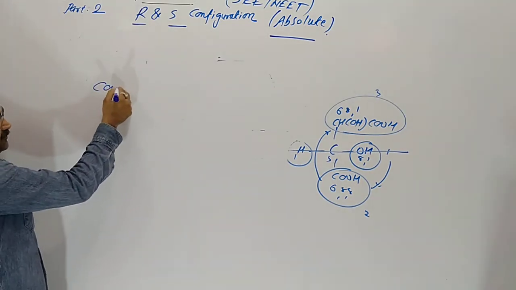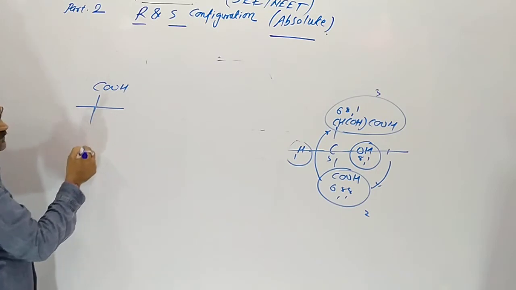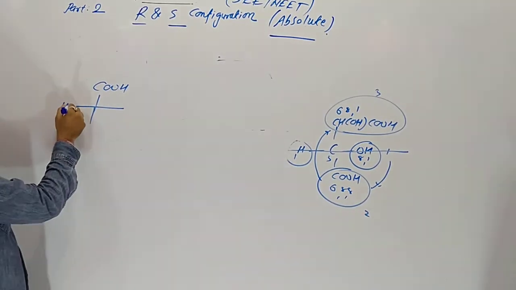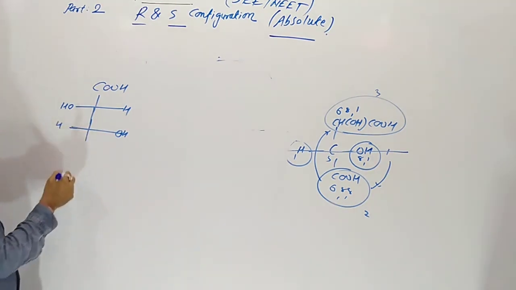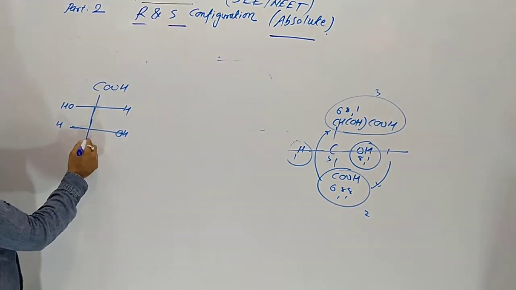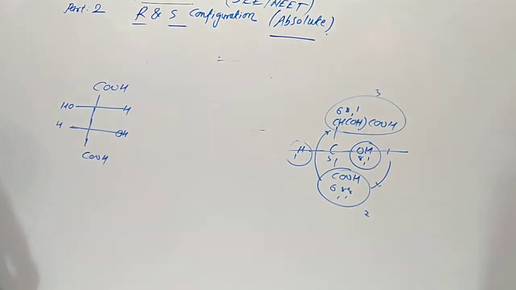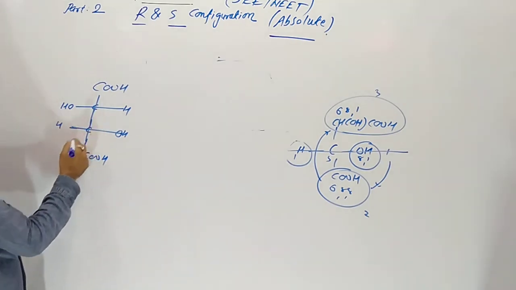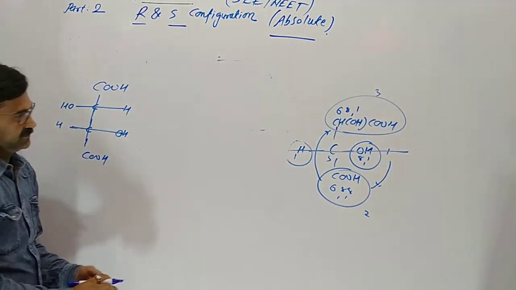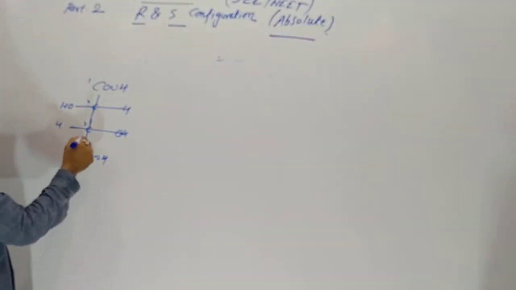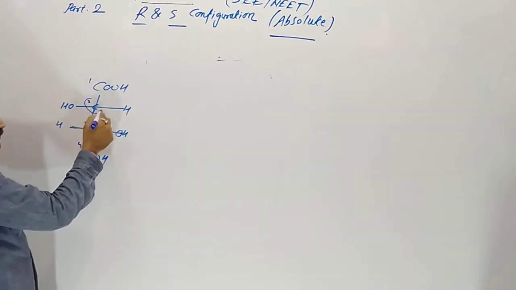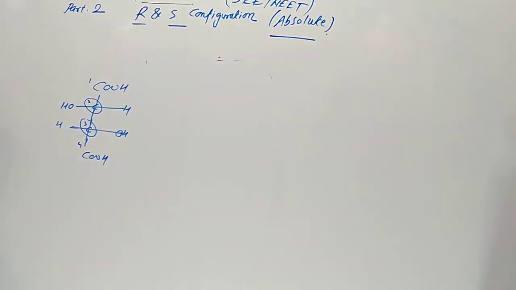Once again, COOH, CHOH, OH, H and COOH. Here two carbons are chiral. Understood? Numbering starts 1, 2, 3 and 4 in the longest chain. Out of the 4, 2 and 3 are chiral.